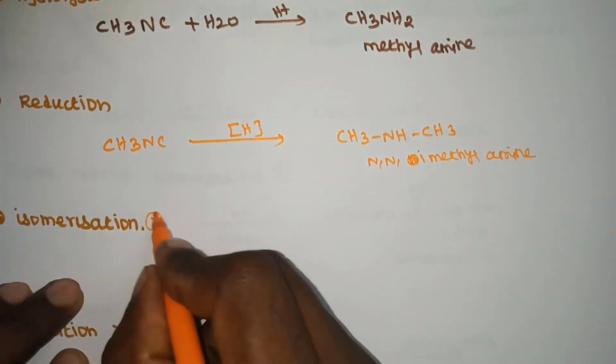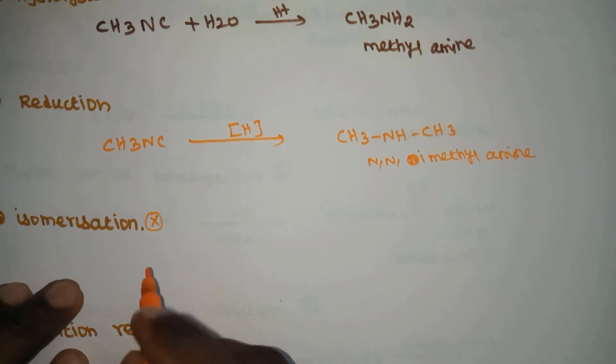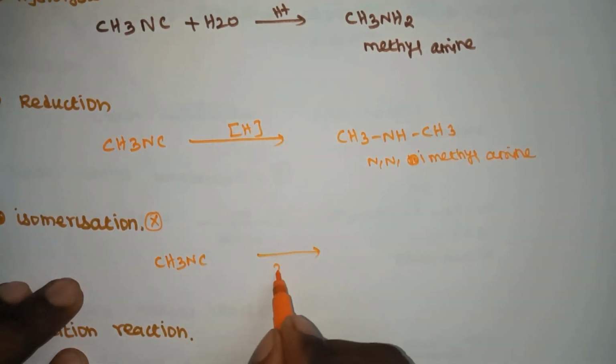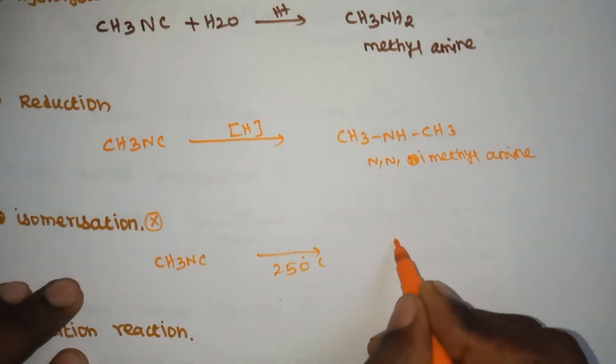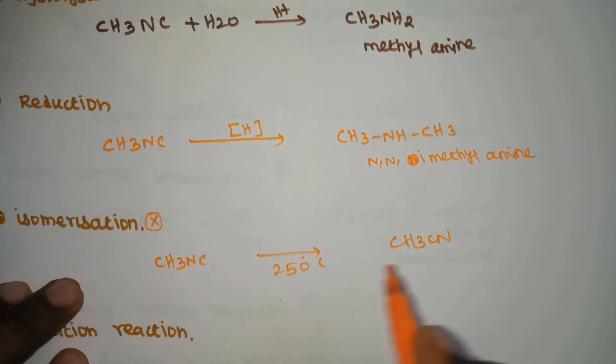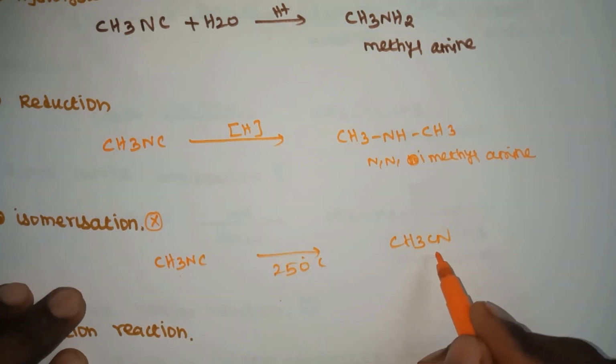Third one is the isomerization reaction. When alkyl isocyanide, example CH3NC, is heated at 250 degrees Celsius, it forms CH3CN. The alkyl isocyanide is converted into alkyl cyanide.